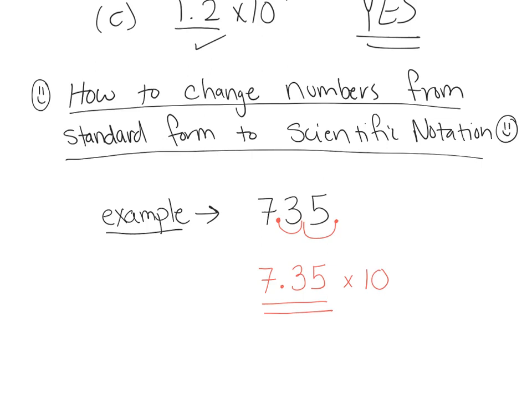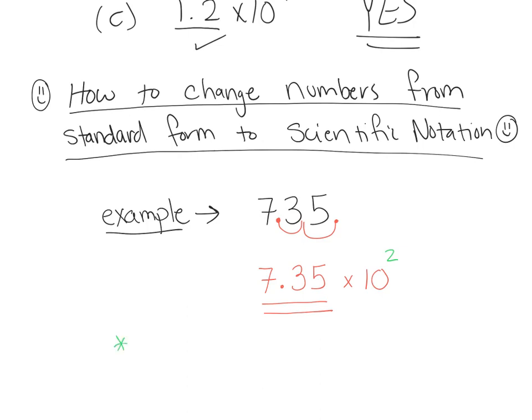So which power goes here? Now you need to ask yourself how many places you moved the decimal. We moved the decimal, make it in green, we moved it 1, 2. We moved the decimal 2 places. So the power of 10 here is going to be 2, because we moved the decimal 2 places. Now if you move the decimal to the left, make note of this, okay?